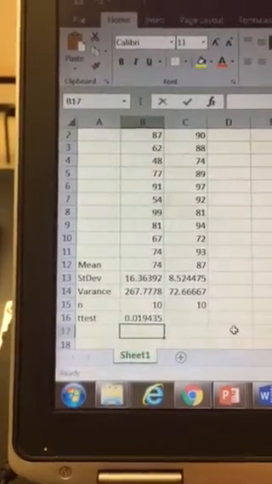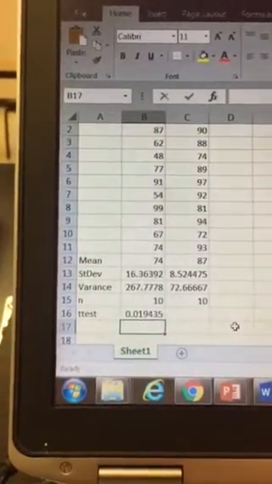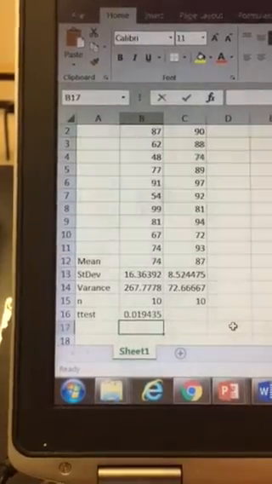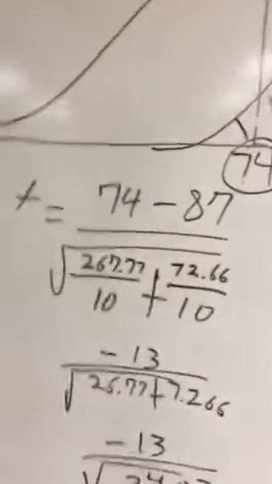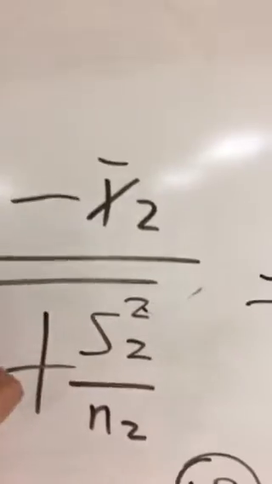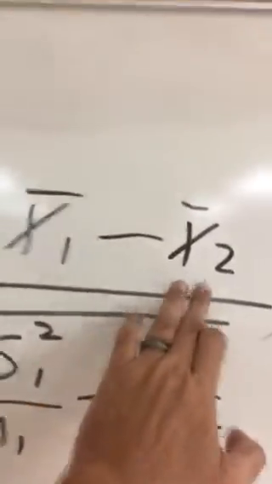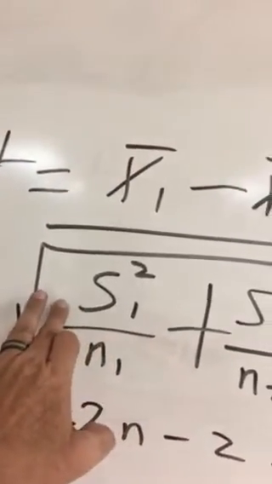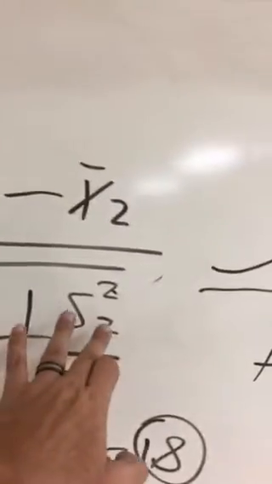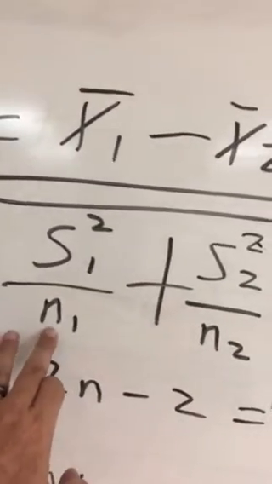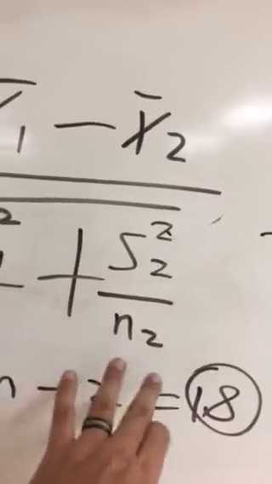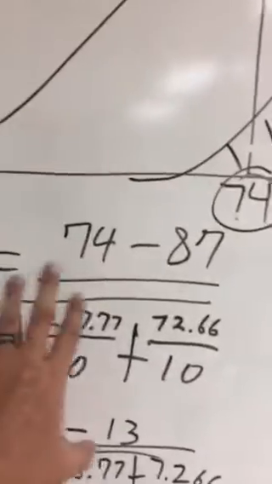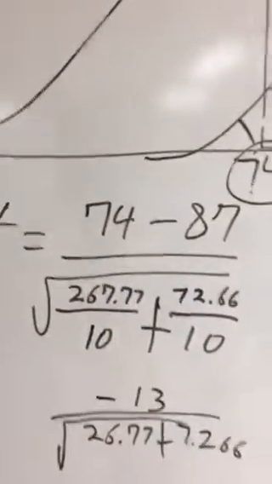So when we take all of these values, I can then come over to my actual test statistic here, and I can plug in my mean 1, my mean 2, my variance for sample 1, my variance for sample 2. I know that my n for sample 1 is 10, my n for sample 2 is 10. So I've just taken all those values and plugged them into my formula.